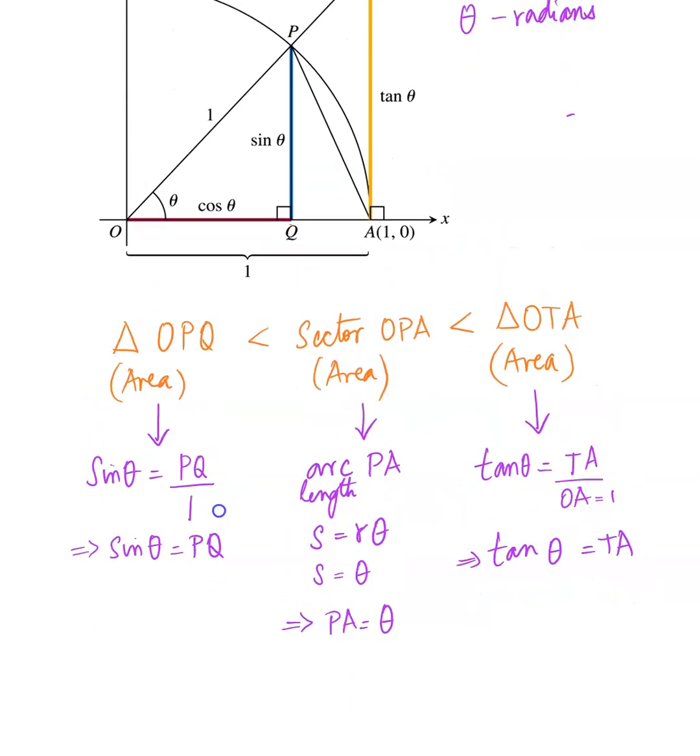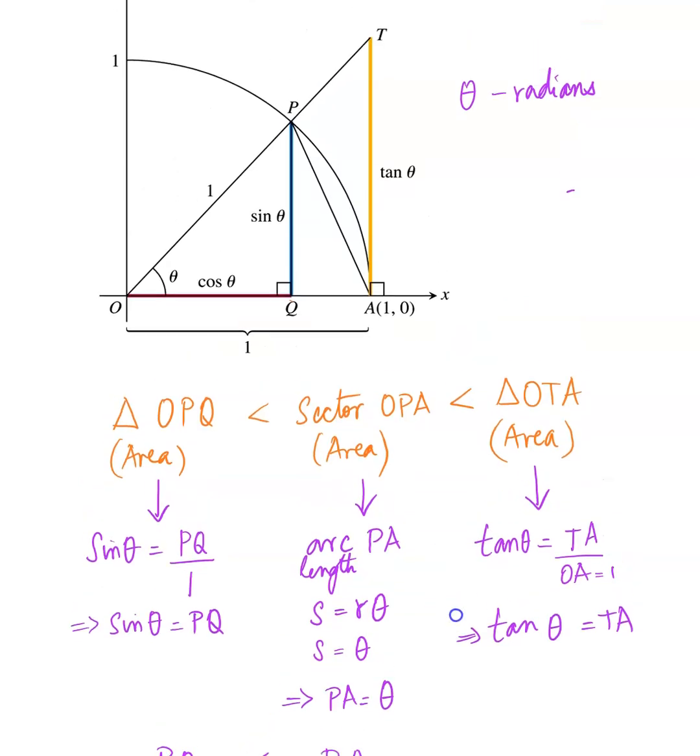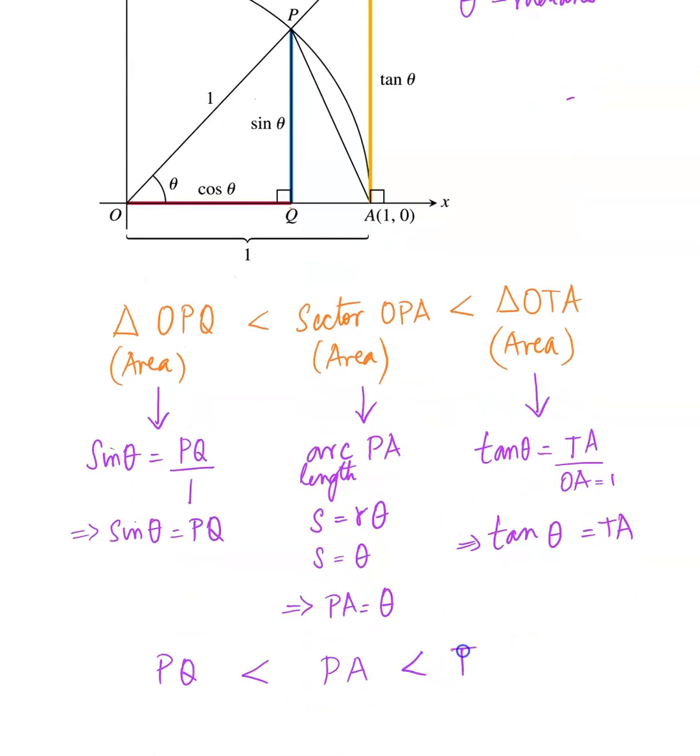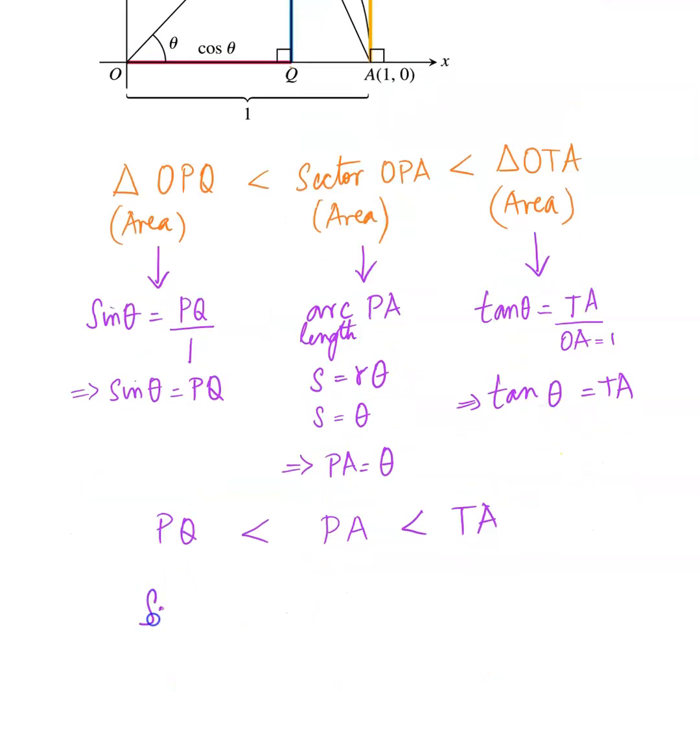Okay. So we can see that the arc PA is in between PQ and TA. PQ is less than PA is less than TA. So you can set it up as sine theta is less than theta is less than tan theta.